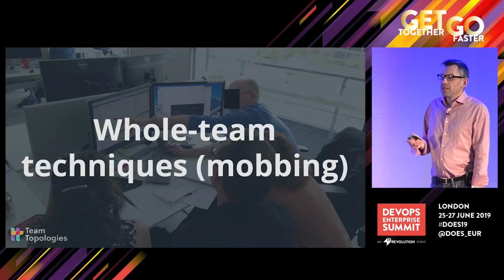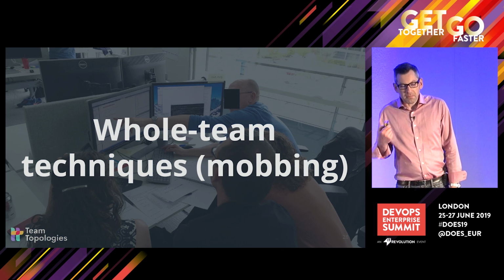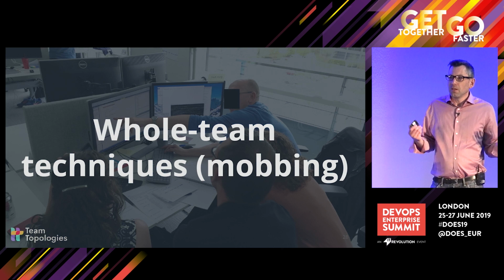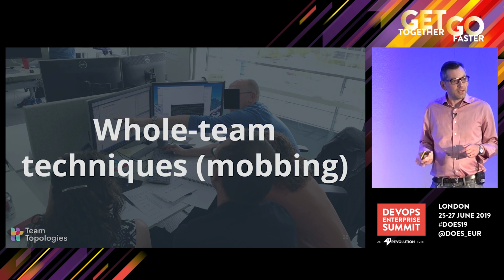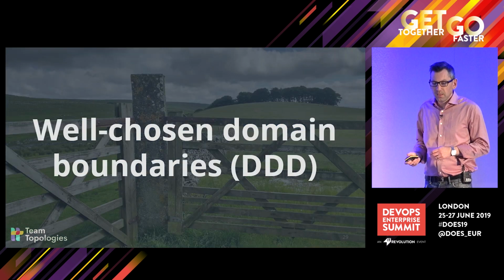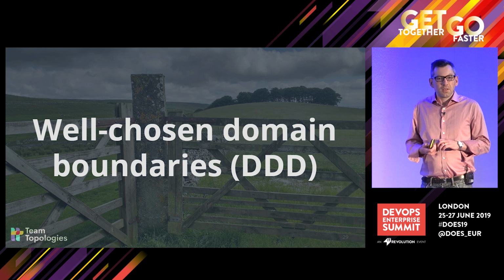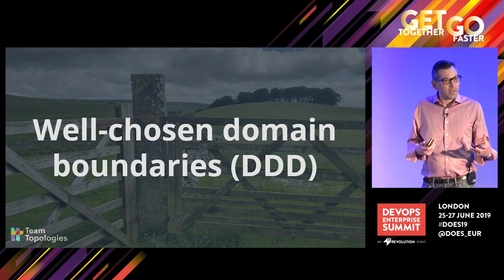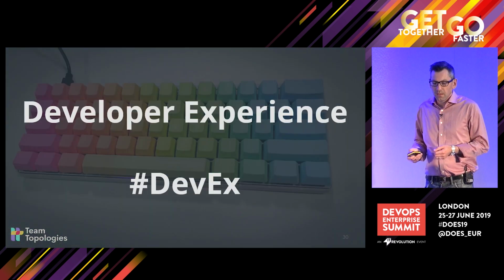We know that there are techniques to help us do that now. We've got techniques like mobbing, which apply to the whole team, which help the team to own that service. We've got techniques like domain-driven design, DDD, to help us choose domain boundaries in an effective way that really works for the business context.